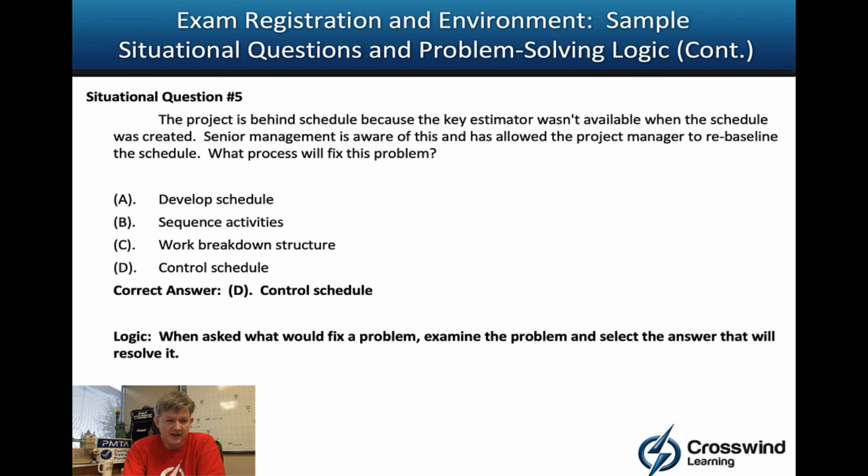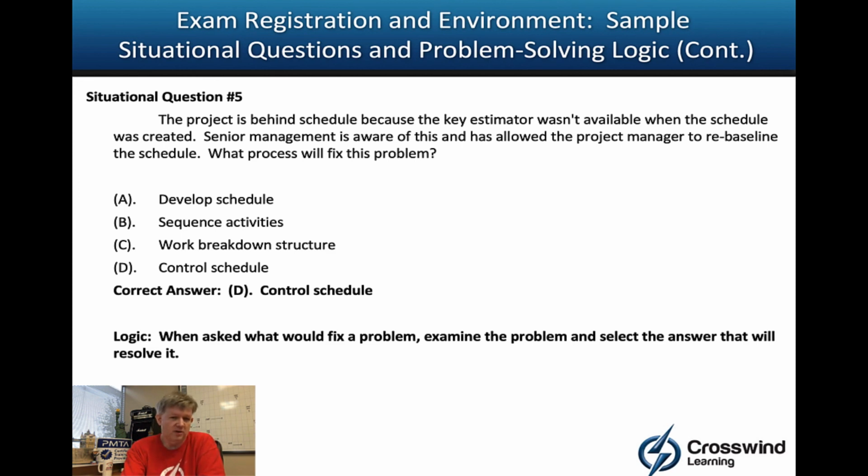So develop schedule probably is going to be driven by a change request. Sequence activities is part of the ultimate schedule. The WBS is a scope thing, so that's a distractor there.